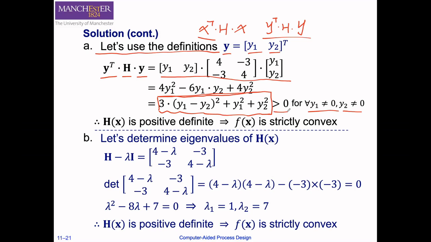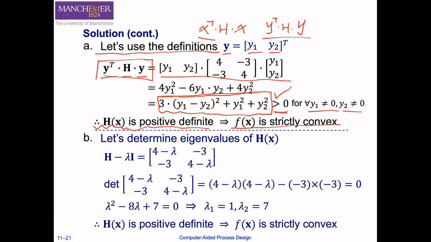In other words, this term is always greater than 0. From the definitions, we can conclude the Hessian matrix H(x) is positive definite. So then we can know the function f(x) is strictly convex.